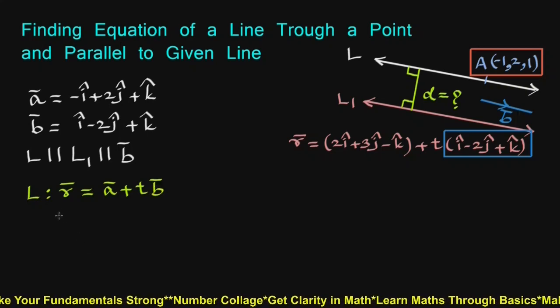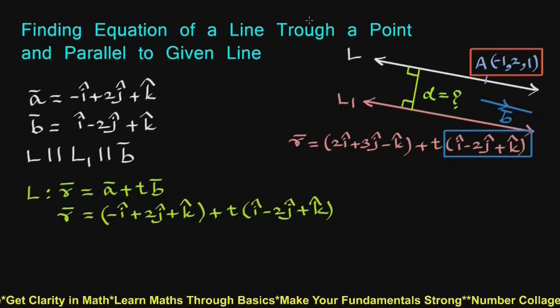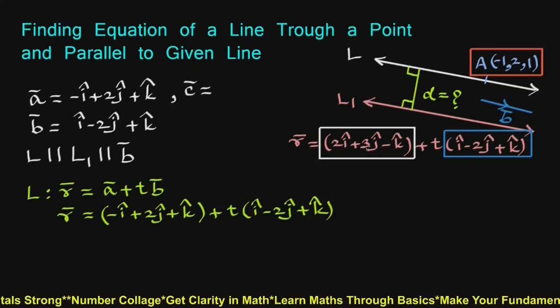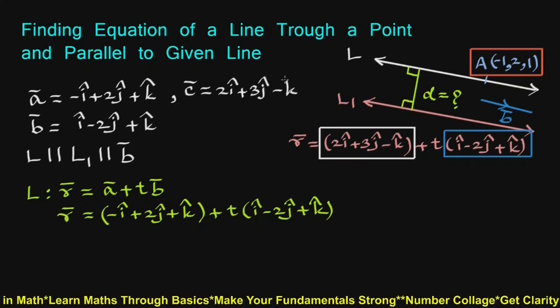Now from the equation of L1 we get c bar equals 2 i cap plus 3 j cap minus k cap.